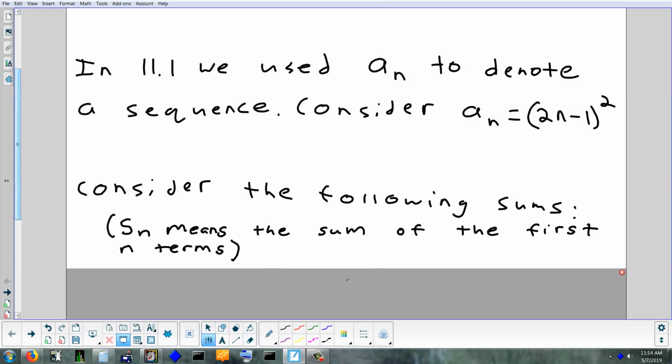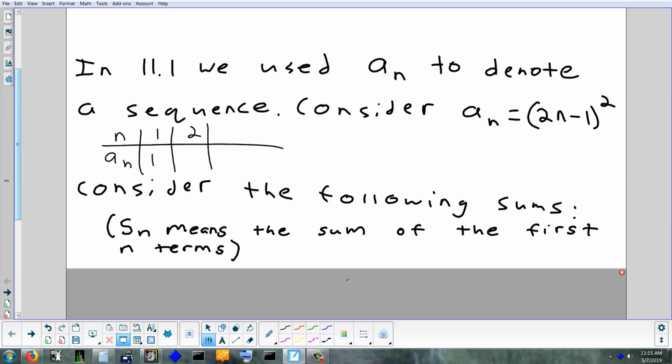All right, if I plug in 1 for n, okay, let's go like this: n, a sub n. What's my first term going to be in the sequence a sub n? One. Yep. Let's do the second term.